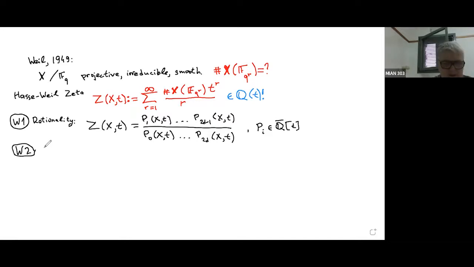Now the next one is called integrality. Much stronger statements can be made.